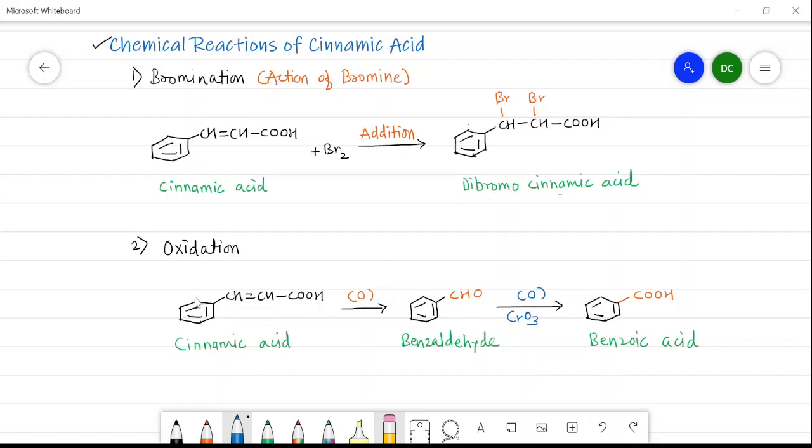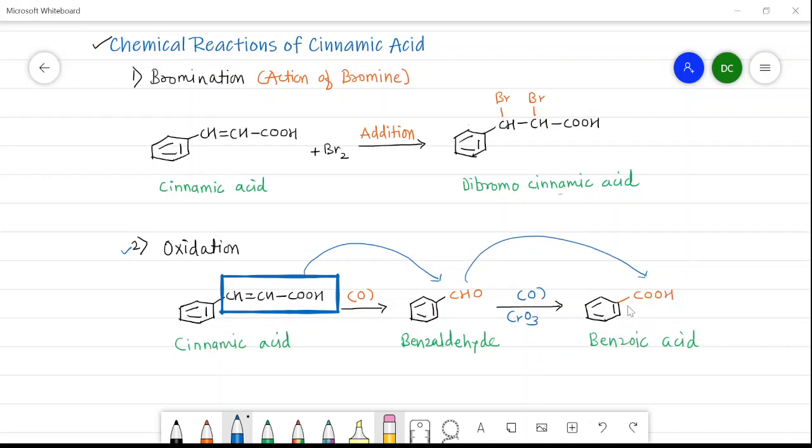And the second reaction is oxidation. When cinnamic acid is oxidized, the CH double bond CH COOH side chain is changed to CHO, and in the second step this CHO group also changes into COOH.